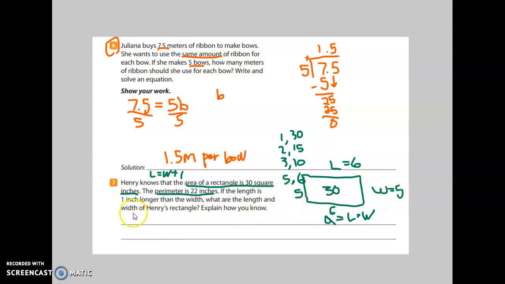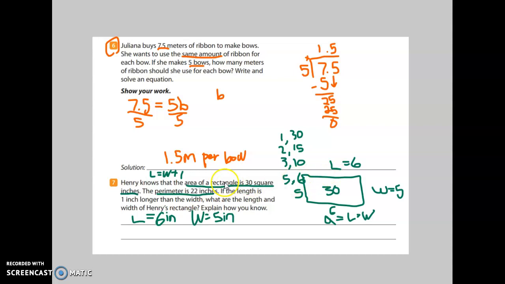So we know the length is 6 inches, and we know the width is 5 inches. And the explanation for this is that 5 times 6 equals 30, which is true of the area that we are given.